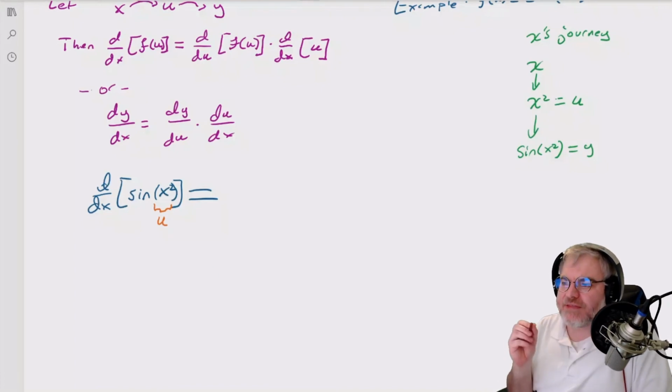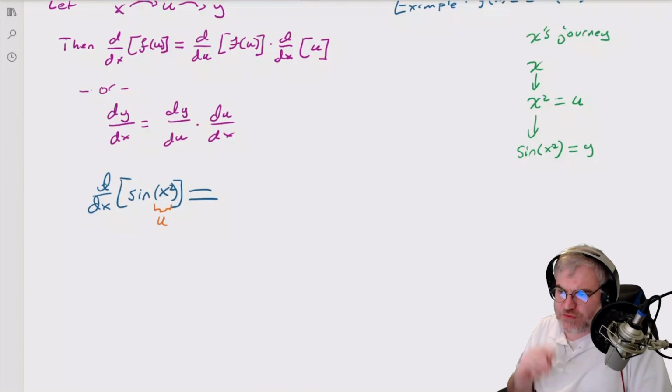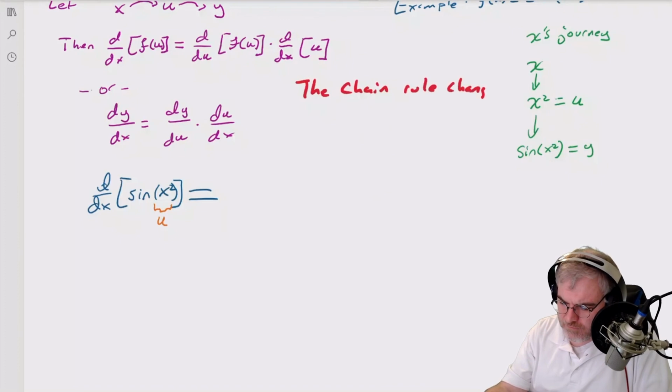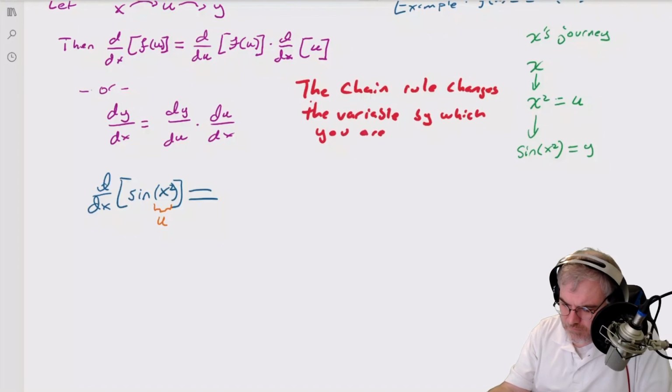That's the key: the thing that the chain rule allows you to do is change the variable by which you are differentiating. And that's the key. Okay?